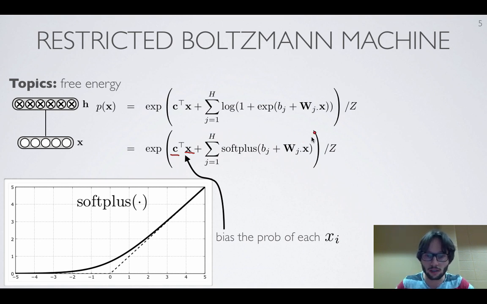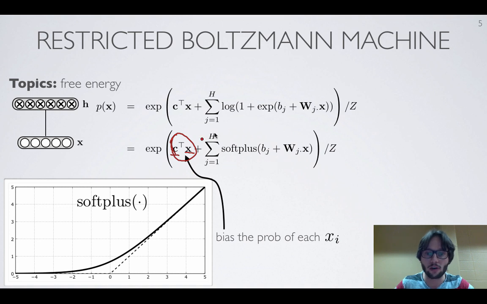Now we also need these terms to become big. We notice that here this only looks at individual values of x, so we can't really model dependencies between pairs of inputs, or even just the joint configuration of the elements in the input vector.